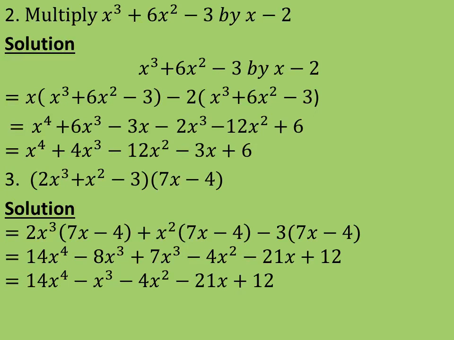Here you don't need to write 1, since 1 is the coefficient. For any variable, we know that 1 is its coefficient when its coefficient is not written, so we don't need to put 1 there. Minus 4x raised to power 2 minus 21x plus 12, and that is the final answer.